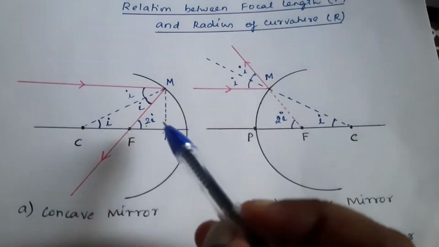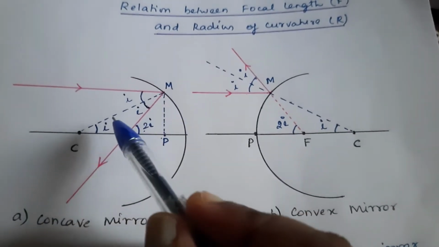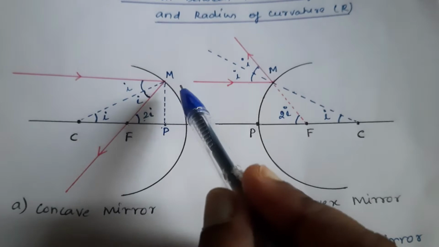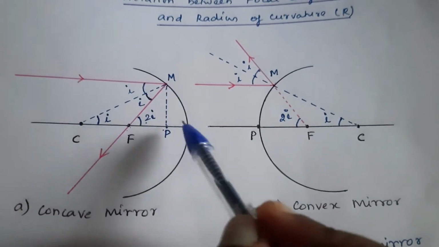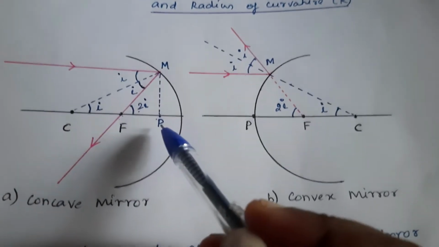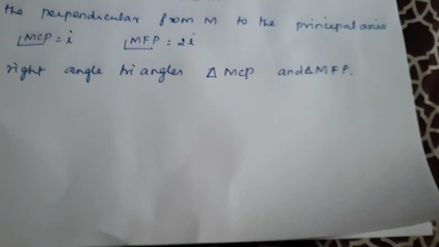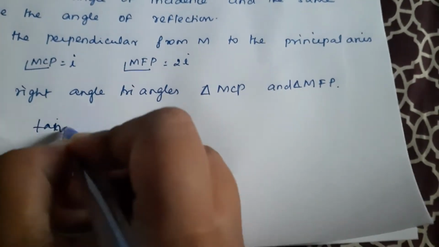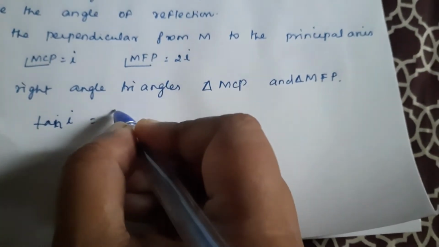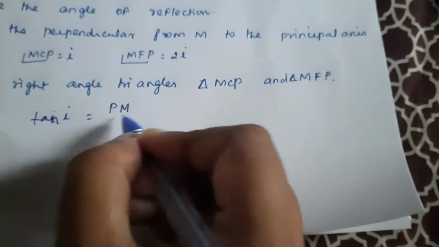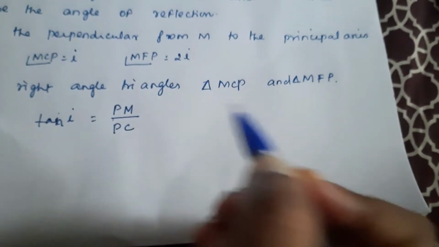Now, I will take the first triangle MCP. In MCP, I am going to write tan I. Tan I is equal to opposite side by adjacent side. Opposite side is MP, adjacent side is CP. So, tan I is equal to PM by PC.